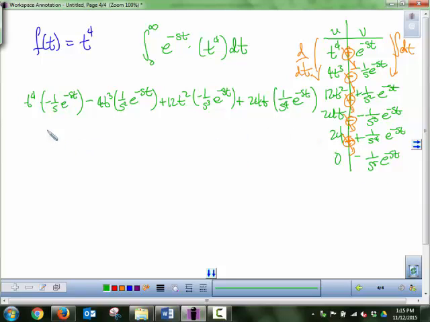All right, my signs: negative, positive, negative, positive, negative, and the last one's positive. 24 times negative 1 over s to the fifth, e to the negative st.